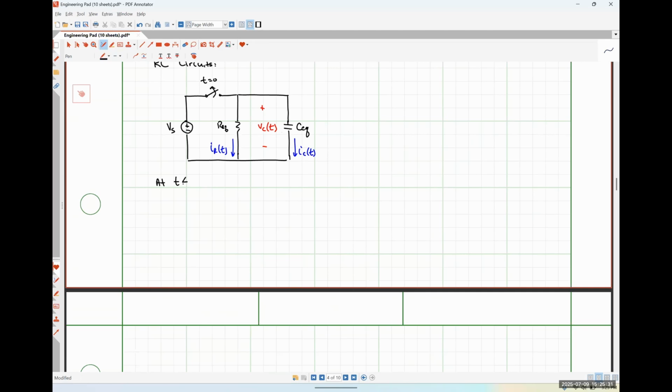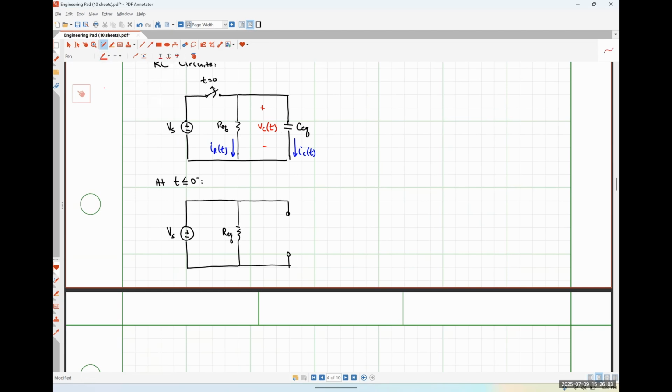So at t is less than or equal to 0 minus, our circuit would look something like this. Here's our source voltage. Our switch is closed. Here's REQ. Our capacitance is going to look like an open circuit because we're at DC steady state.